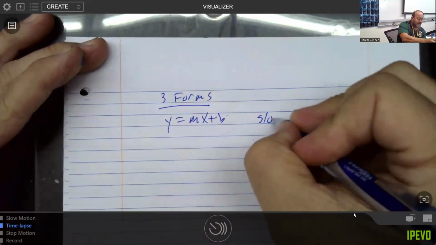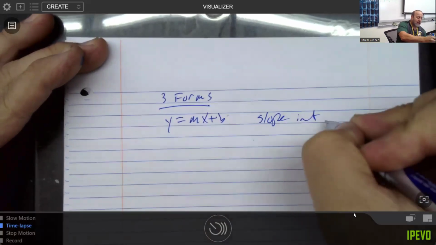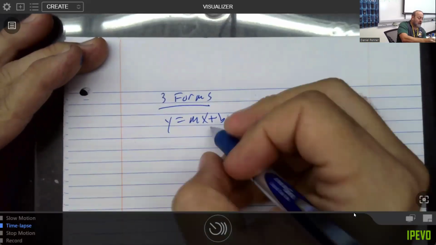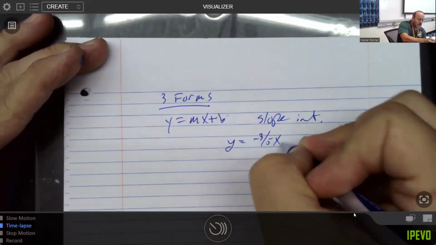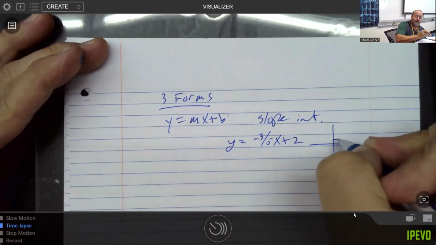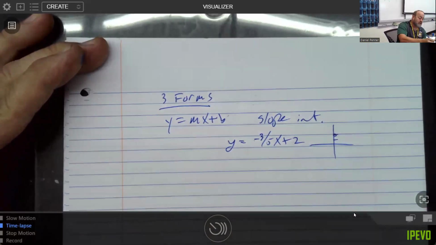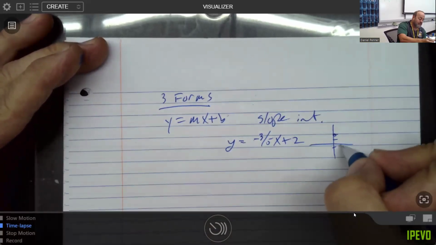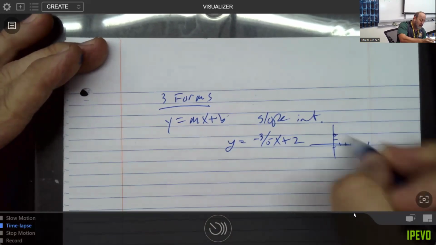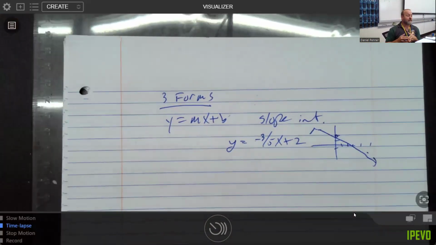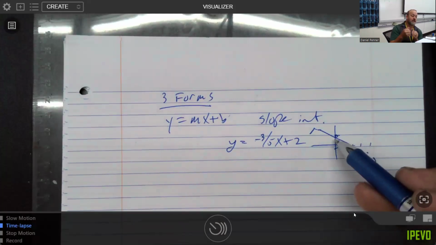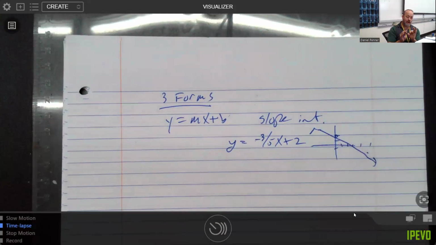That's the good old fashioned, when you say something like -3/5 x plus 2, you're going to find your y-intercept at 2 and you're going to drop 3 and run 5. It's a great form of a line because it allows you to graph really, really simply because you just need a starting point on the y-axis and then you just go for it.